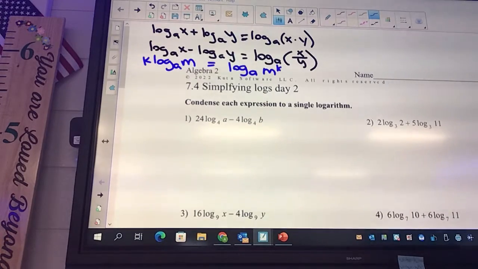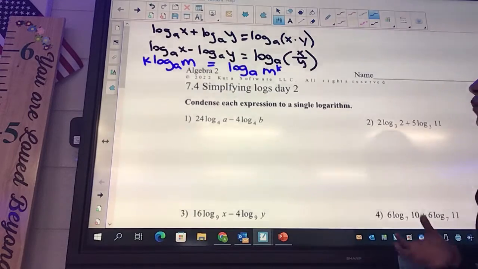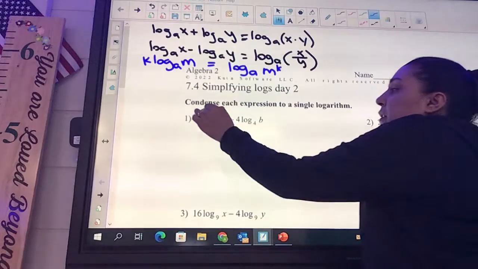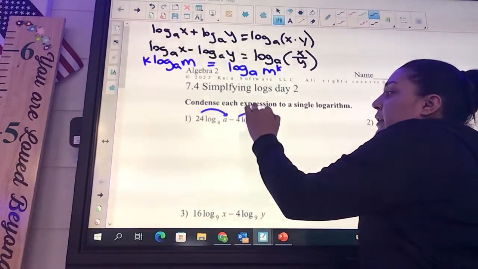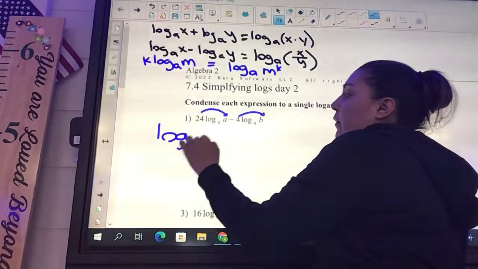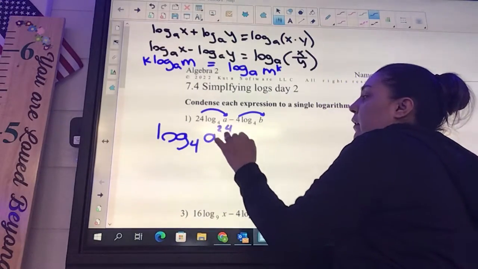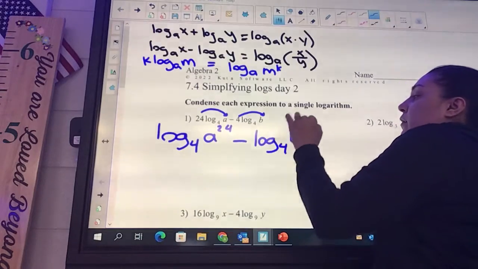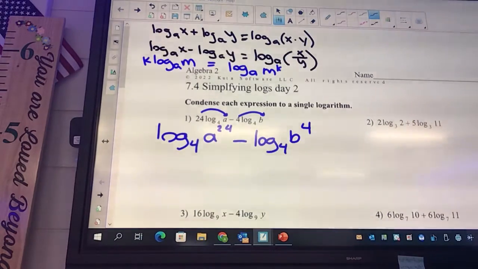Okay, so we're going to condense these into a single log. So we got a number up front, so that needs to go to the A power. This needs to go to the B power. So it's really going to be log of a to the 4 minus log of b to the 4. Okay, so all we did was move all the numbers up front.